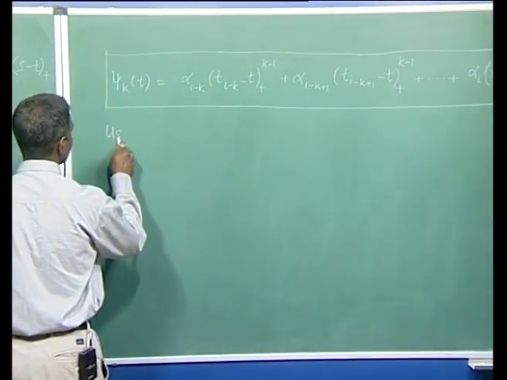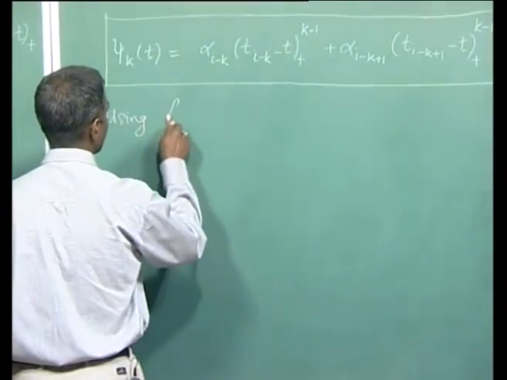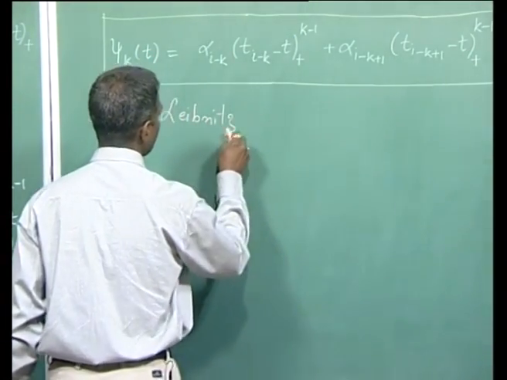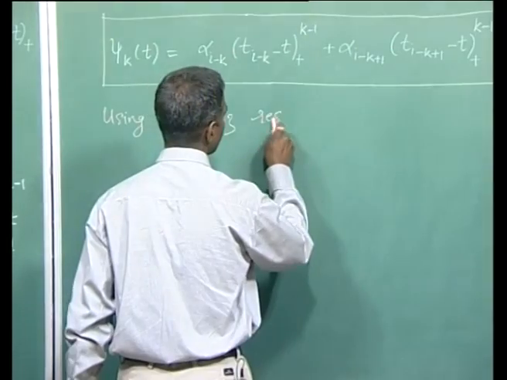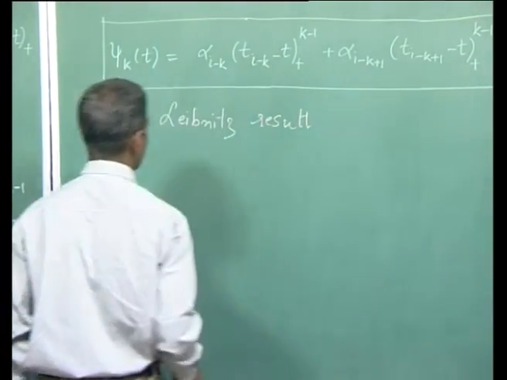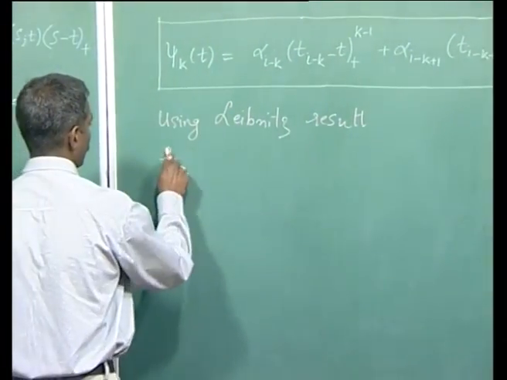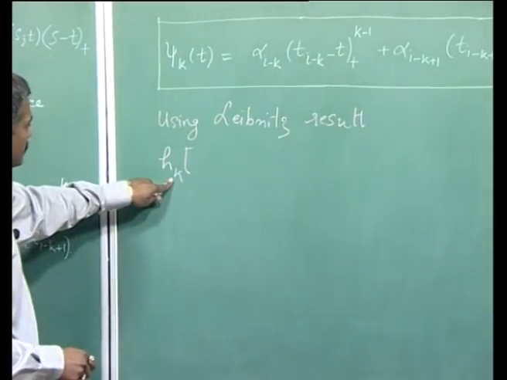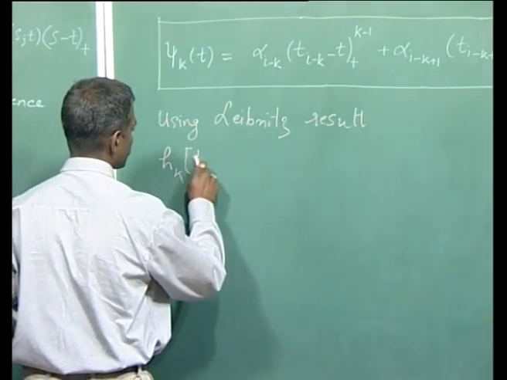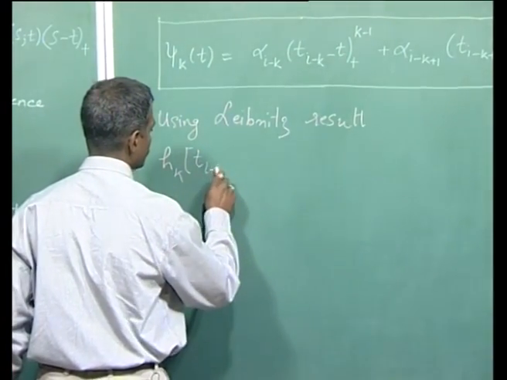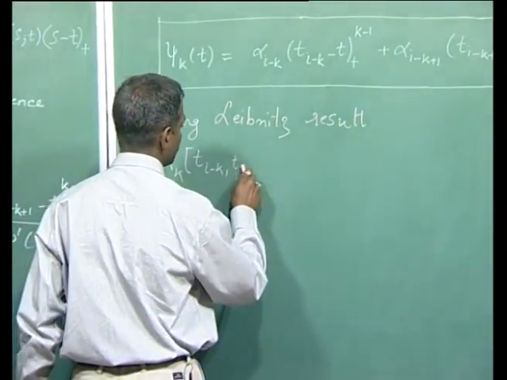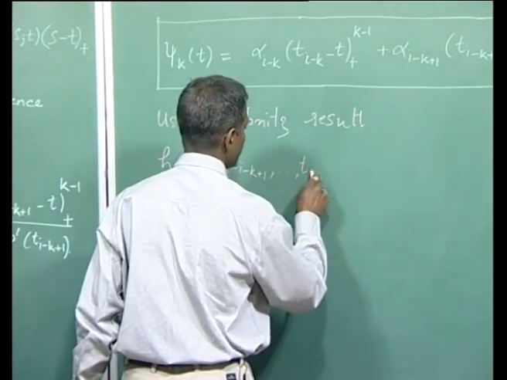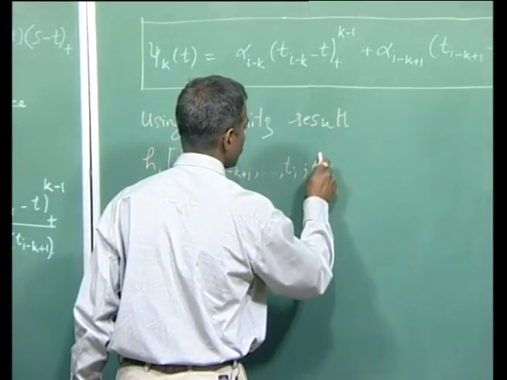So using the Leibniz result, the kth divided difference of h_k, I can write this thing as [t_{i-k}, t_{i-k+1}, ..., t_i; t].